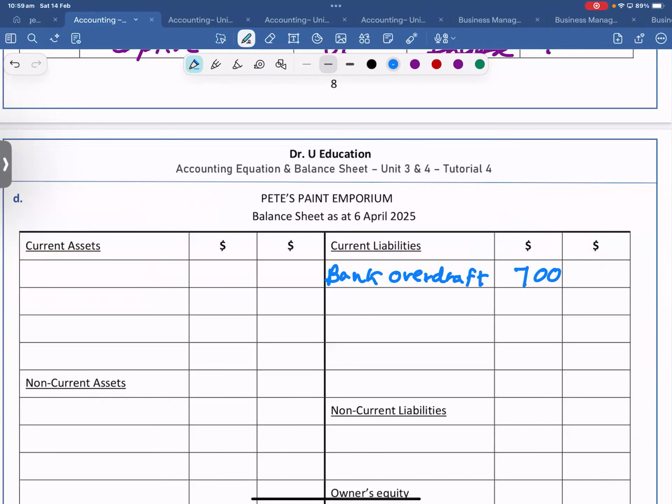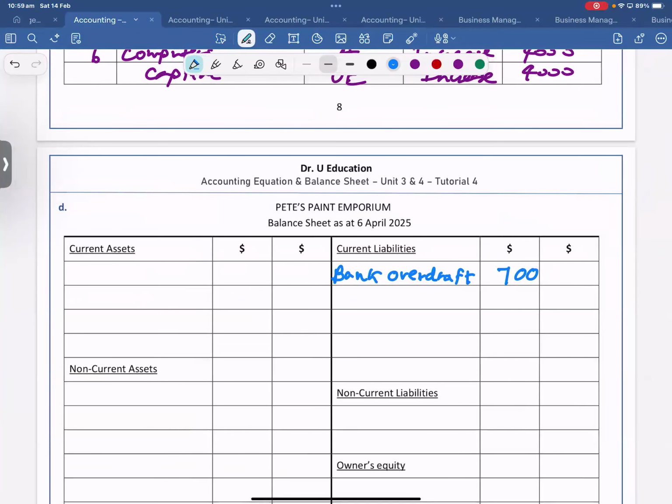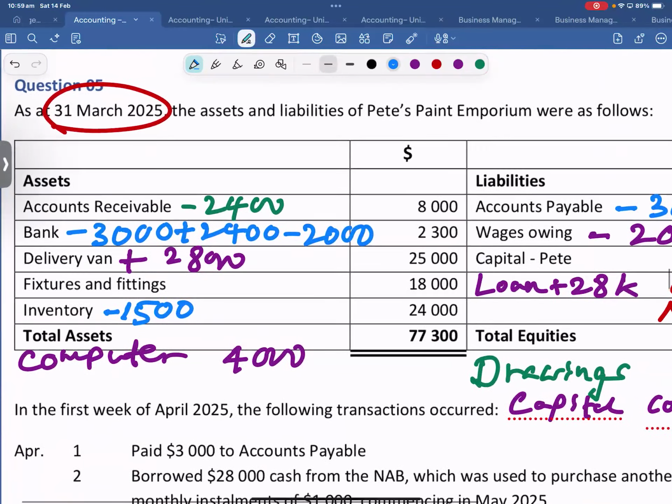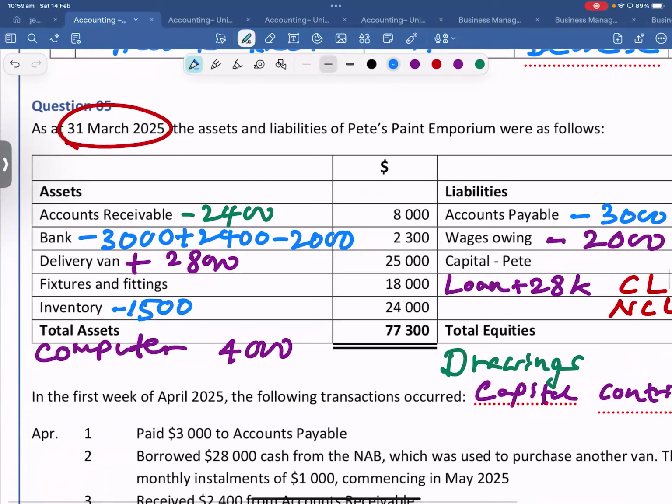Right, for the bank, it would be 2,300 minus 3,000 plus 2,400 minus 2,000. So 700, minus, plus. Would it be 1,100? Okay, this one minus, this one minus.